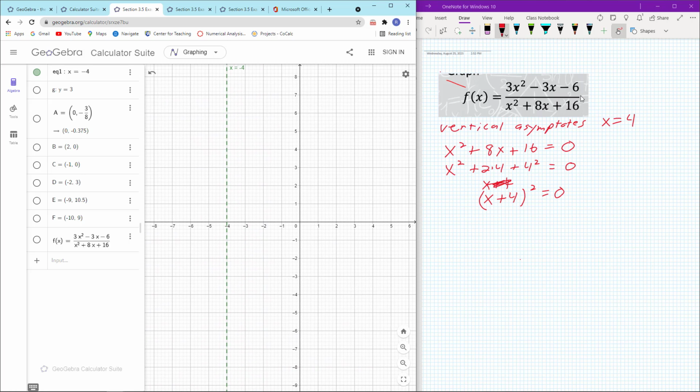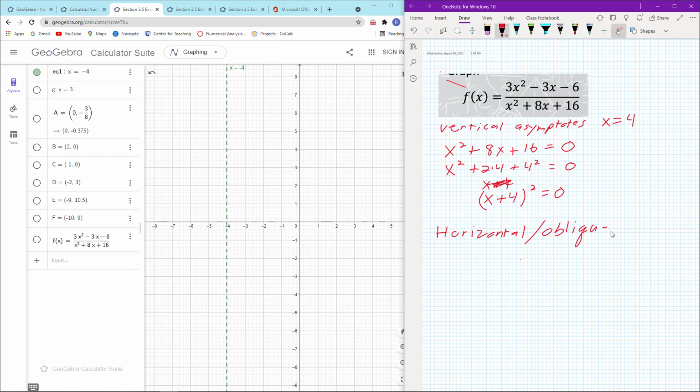Now we need to find our horizontal asymptotes, if there are horizontal or oblique asymptotes. Well, notice we have a degree of 2 in the numerator and a degree of 2 in the denominator. So basically, our horizontal asymptote is going to be y equal to the coefficient of the quadratic term in the numerator, which is 3, divided by the coefficient of the quadratic term in the denominator, which is 1, or equal to 3.